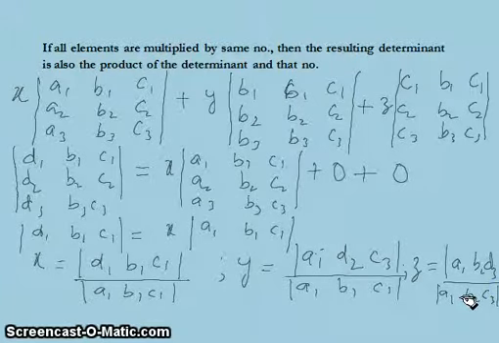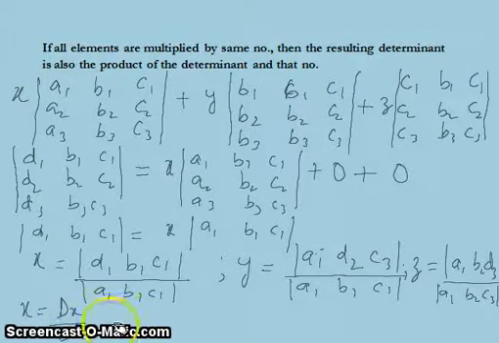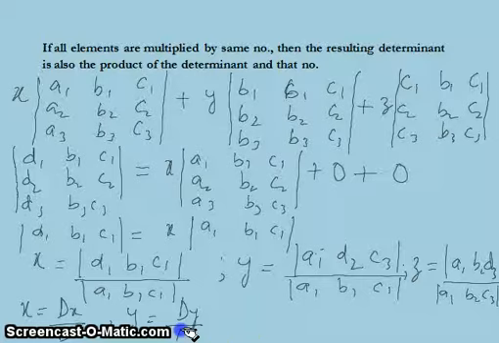This implies that x gets the value of dx by d, y gets the value of dy by d, and z gets the value of dz by d.